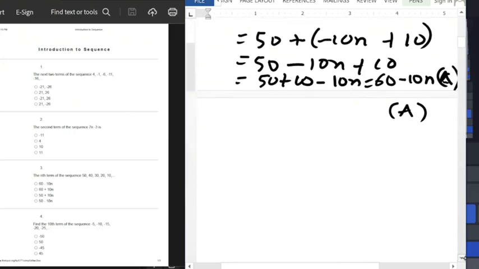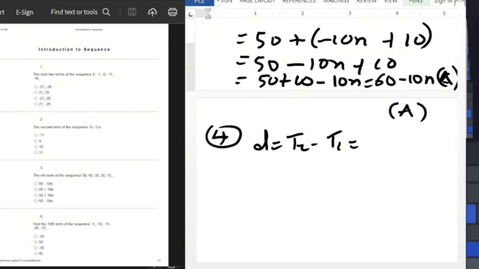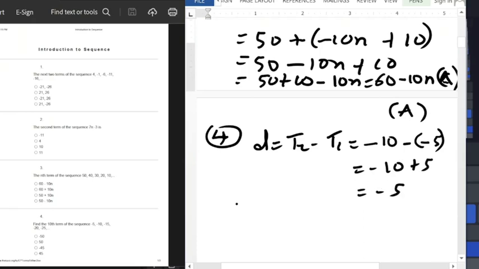Then number 4. Question number 4. Find the 10th term of the sequence. Since it is an AP, we look for the common difference. The common difference equals T2 minus T1, which equals minus 10 minus 5, which equals minus 10 plus 5, which equals minus 5. The term we are looking for is the 10th, and the first term is minus 5.